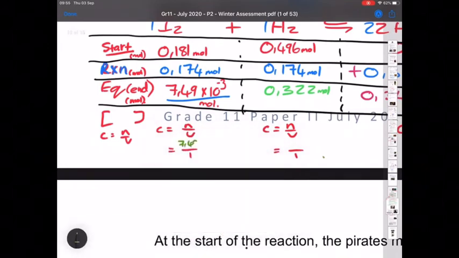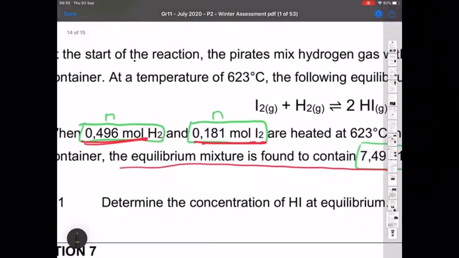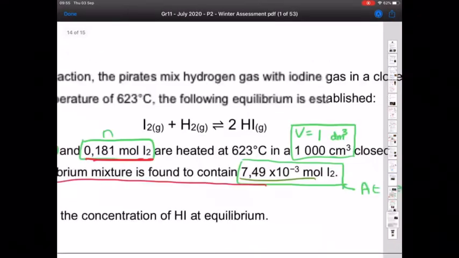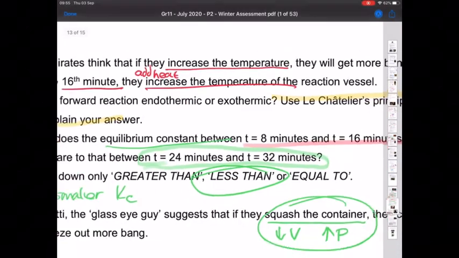So 7.49 times 10 to the minus 3 over 1 is of course going to be 7.49 times 10 to the minus 3. And that was actually what was given in any case. They gave us that value over there, but that was in 1 centimeter cubed. So that value divided by 1 is of course that same value.